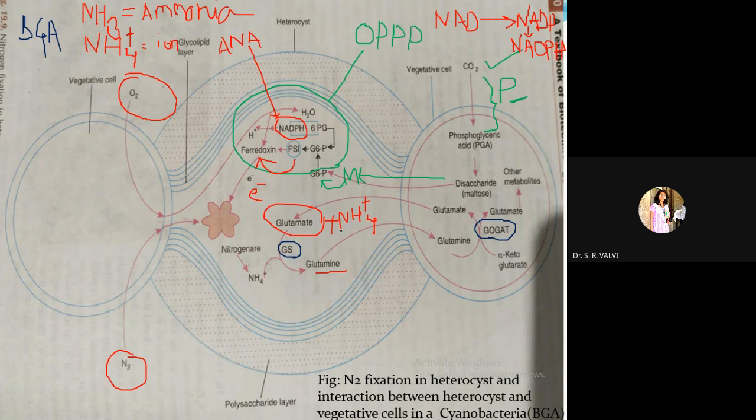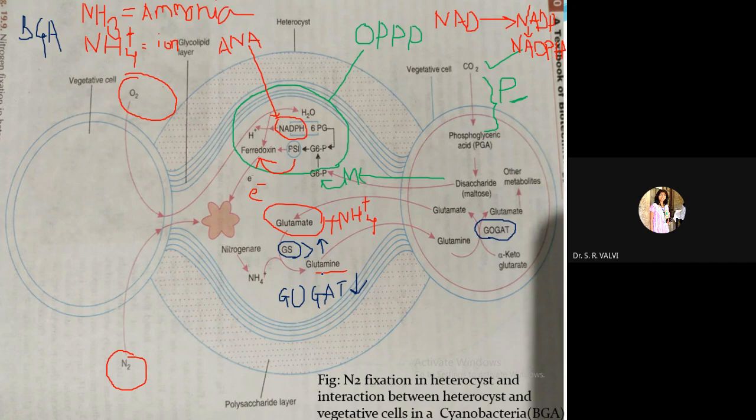So glutamate plus NH4 plus gives you glutamine. The condition is that GS should be more and GOGAT should be less here in the heterocyst, so that glutamine will form.